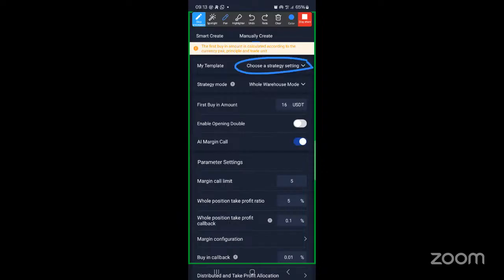How many of us know how to create a strategy? Give me a yes if you know how to create a strategy and how to enter your template in your robot. So you tap enter your strategy.